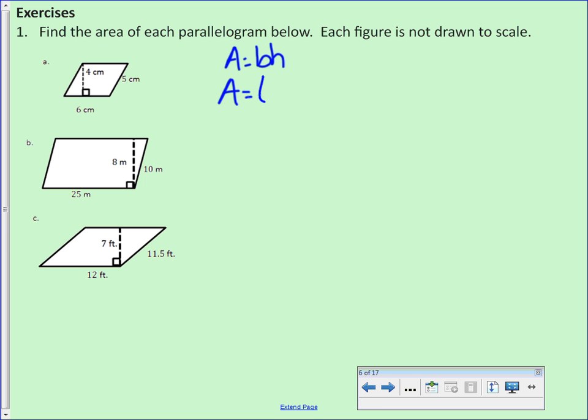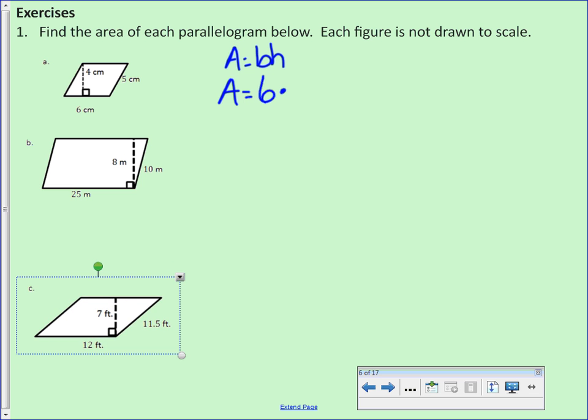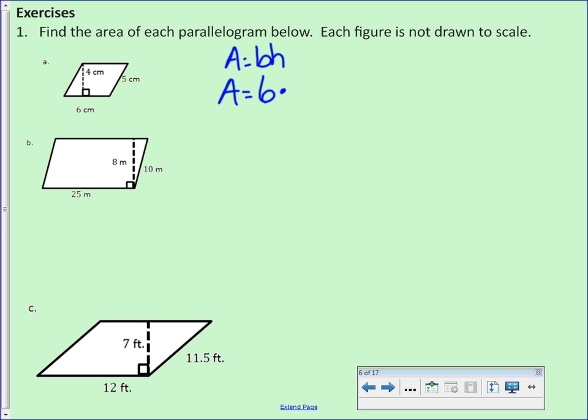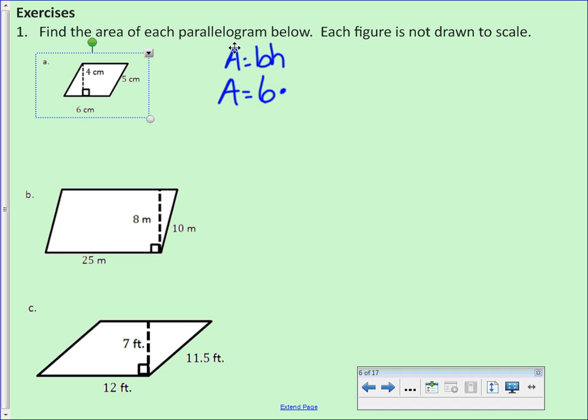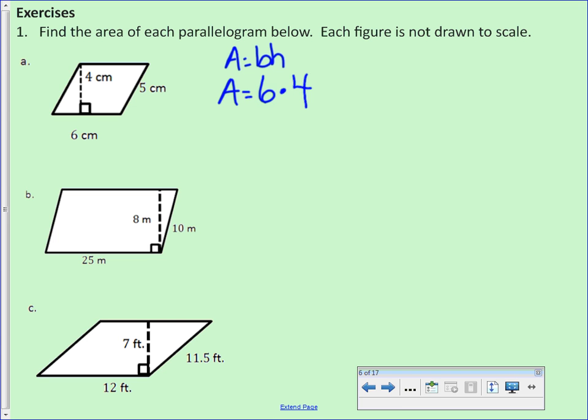Our base is 6. What is the height there? Be careful. What is the height in picture A? 4 centimeters. So 6 times 4.